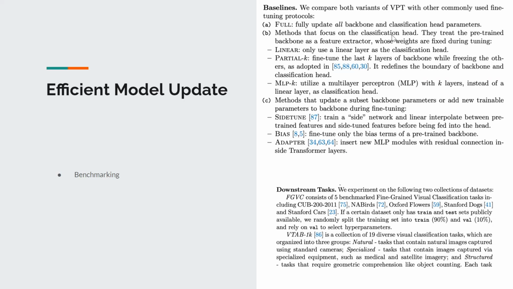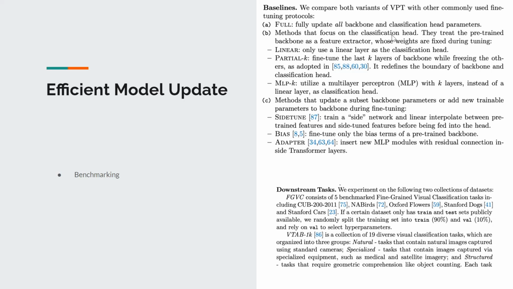These are the methods we compare with. We also compare with side tuning, a method where they add something on the side, like an auxiliary model, to tune without updating the backbone. This is actually Jitendra's work, if you know Jitendra. And then bias, and then adapter, which is what Mumbar was talking about. We compare with all these baselines.